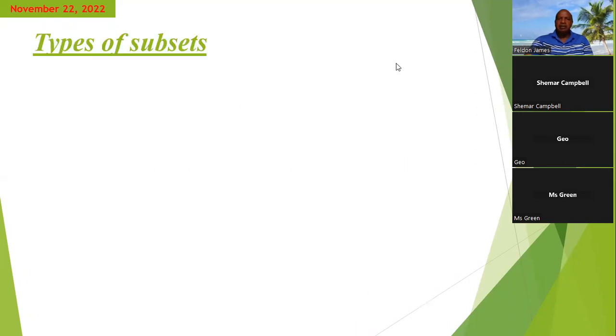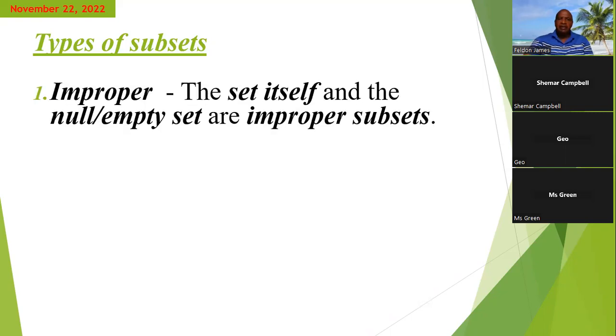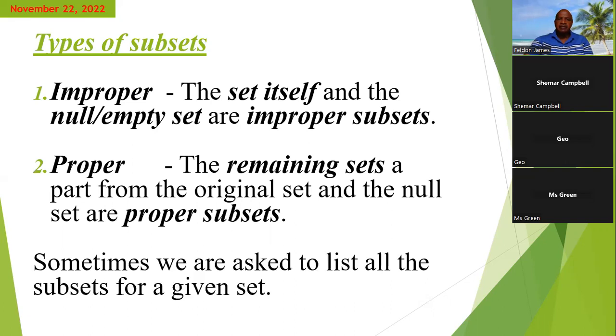So here now, we're going to be looking at types of subsets. And so we have these types of subsets. So we have one, which we call the improper subset. And the set that we refer to as improper would be the set itself.